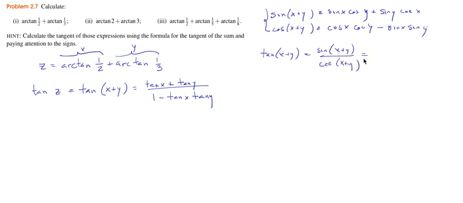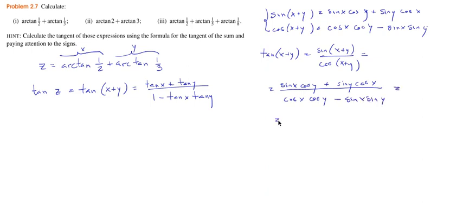and then substitute here. Okay, so you have sine of x cosine of y plus the sine of y cosine of x, and then the cosine of x cosine of y minus sine of x sine of y.